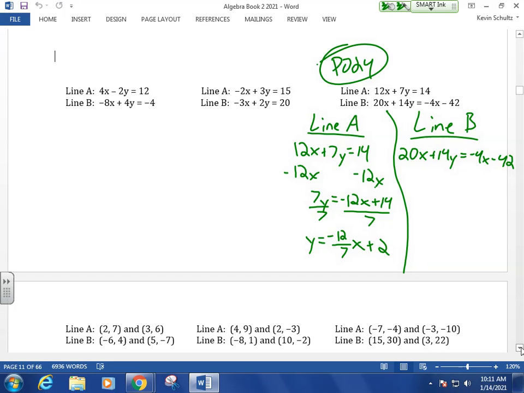So when we subtract our 20x's from the left and subtract our 20x's from the right, we actually do get to combine them with something. There's already negative 4x's over there, right? So we get 14y on the left side. Negative 4 minus 20 is a negative 24x, and then minus 42.